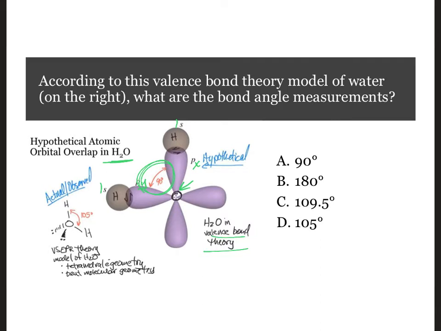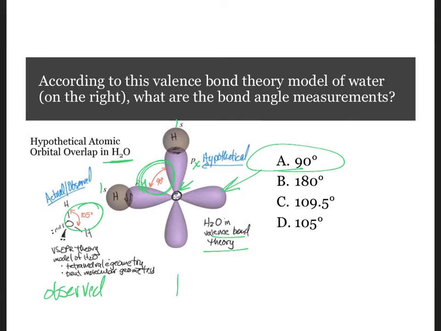So valence bond theory predicts 90 degrees, but the observed bond angle is 105 degrees.